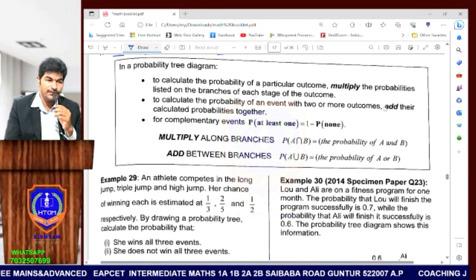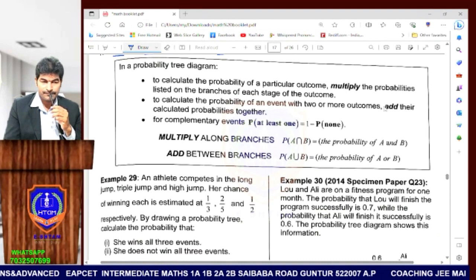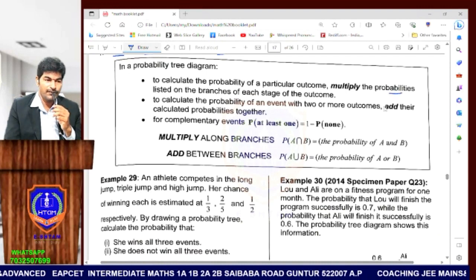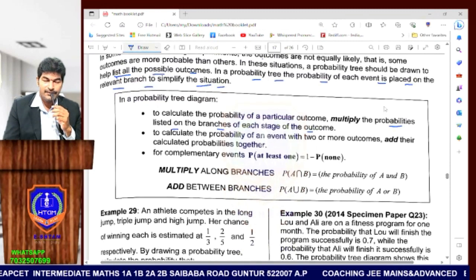In a probability tree diagram, to calculate the probability of a particular outcome, multiply the probabilities listed on the branches of each stage of the outcome. So calculate the individual probabilities and multiply those two events together. To calculate the probability of an event with two or more outcomes, look at this word: or means you should add.